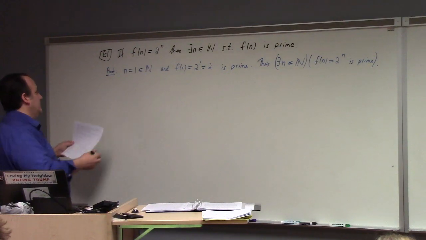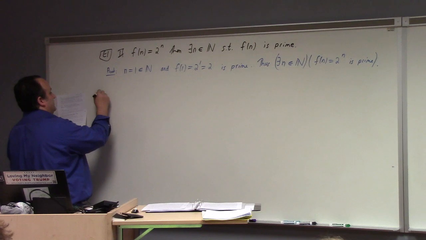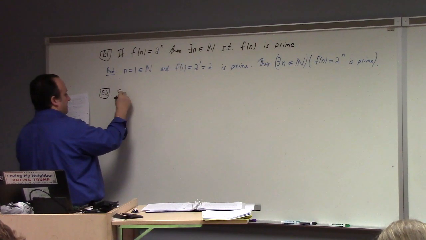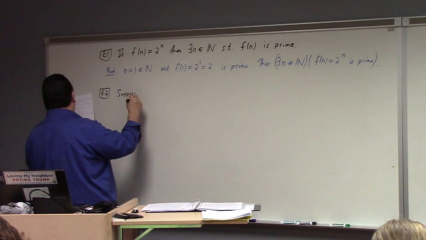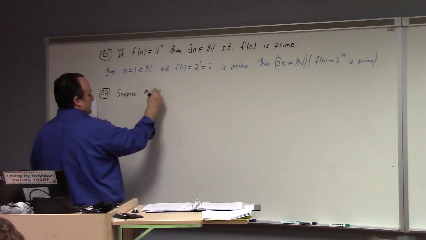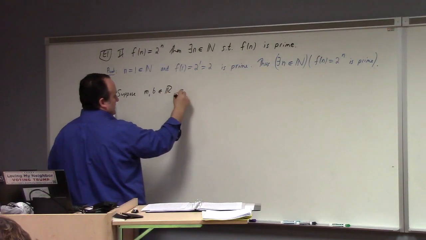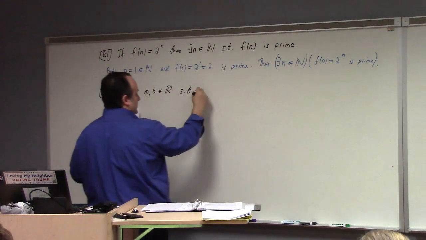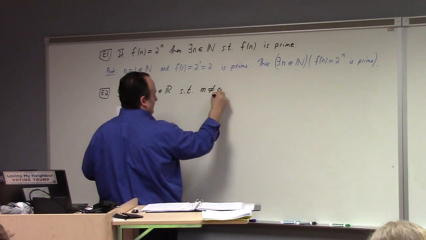Another example, similarly easy. Let's see here. Suppose we have m and b in the reals such that m is not equal to 0. All right?